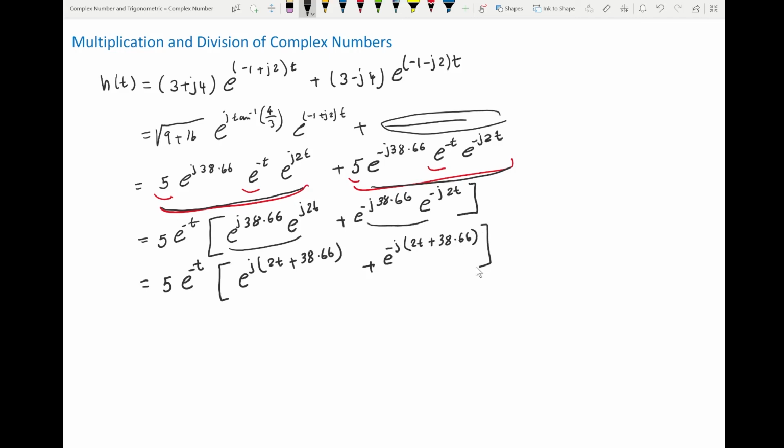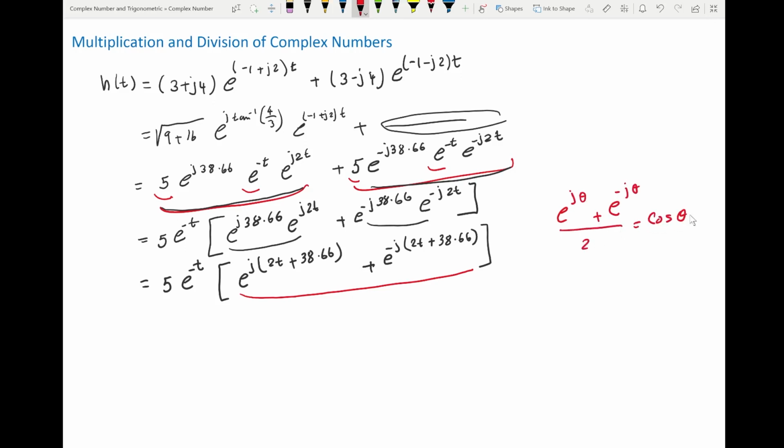This kind of procedure, you will be doing it in many courses to simplify a signal to a real signal instead of having complex component and j. So now notice the following. These parts look similar to a function in trigonometry that we are familiar with, (e^(jθ) + e^(-jθ))/2 equals cosine θ.